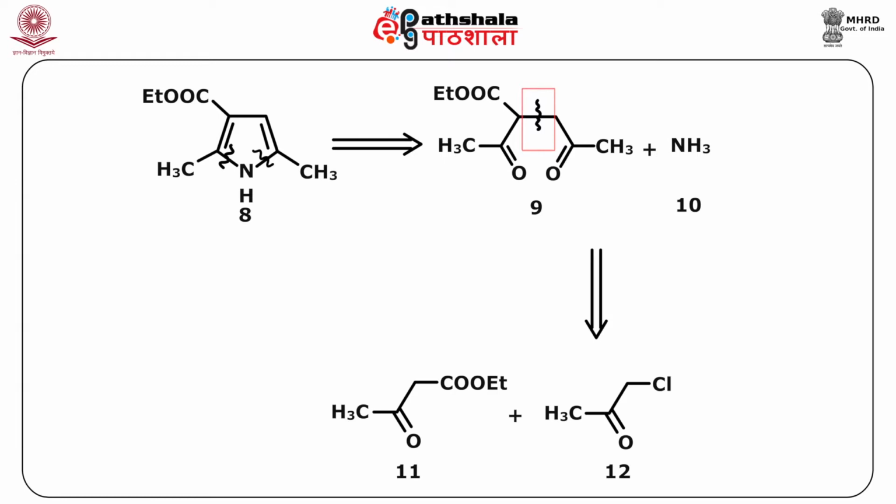The disconnection approach for the 1,4-dicarbonyl compound gives ethyl 3-oxobutanoate number 11 and 1-chloropropan-2-one, represented by the structure 12, as the possible starting materials. As can be seen in the figure, the cleavage of the bond takes place to give the synthons 11 and 12.